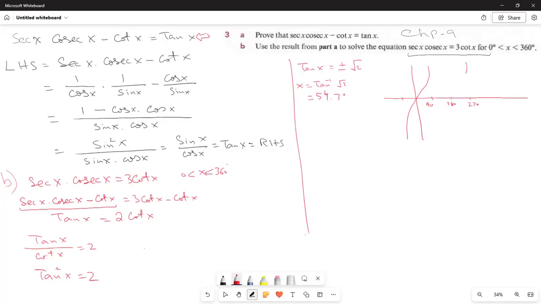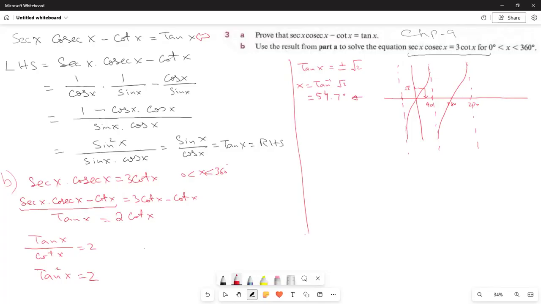It goes again like this, and this is an asymptote. This is also another root, and this is another root, minus 90. We estimated somewhere here is under root 2. So the inverse shows me that this is the value, which is 54.7 degrees.